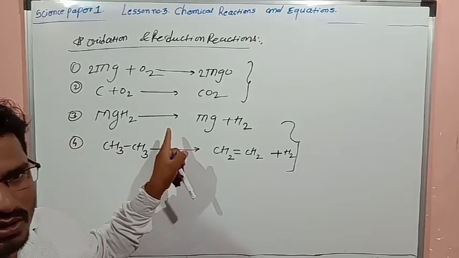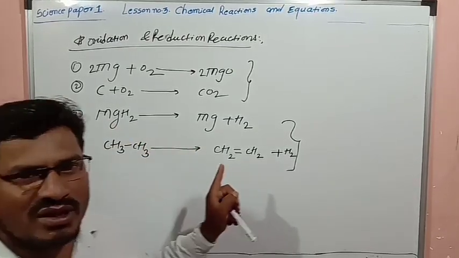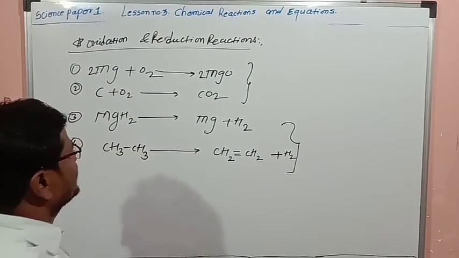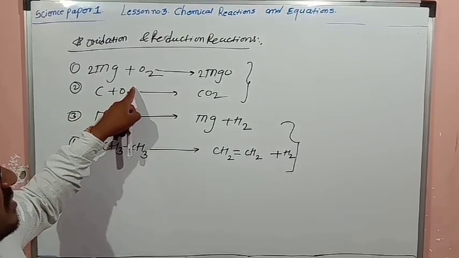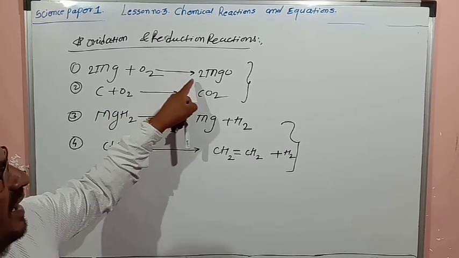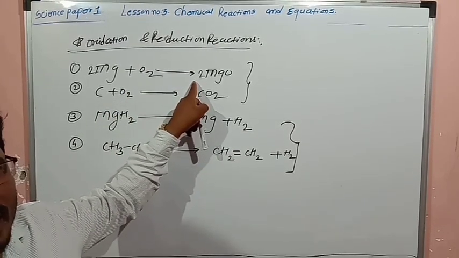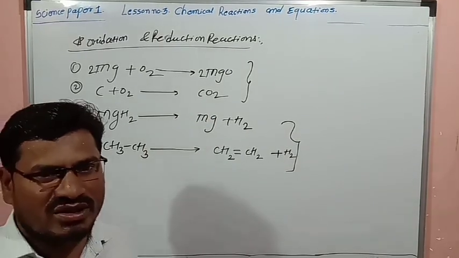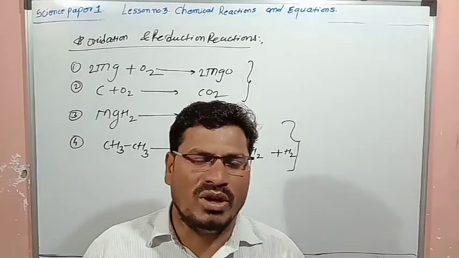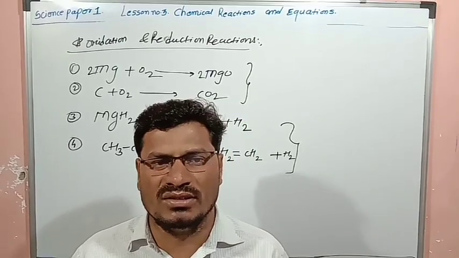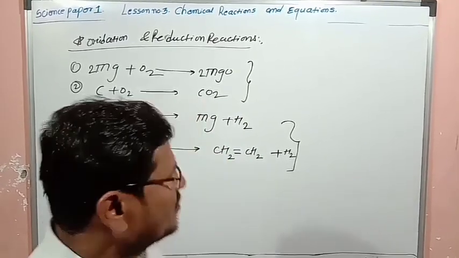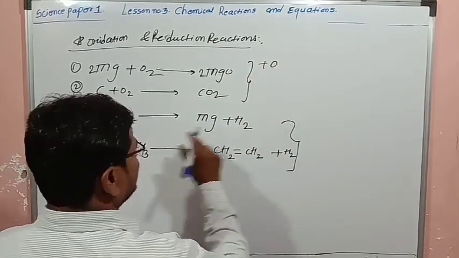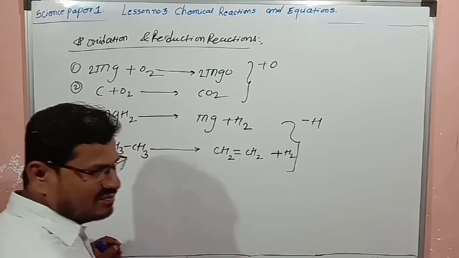So from this you can understand. One thing is clear, the chemical reaction in which oxygen is added and hydrogen is removed, such chemical reactions are called oxidation reactions. So in this, plus O is there, and in this, minus H is there.